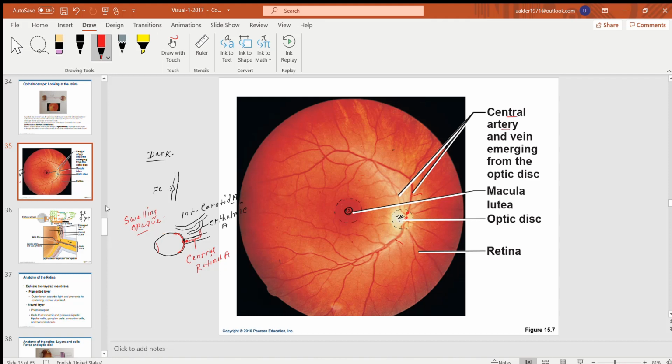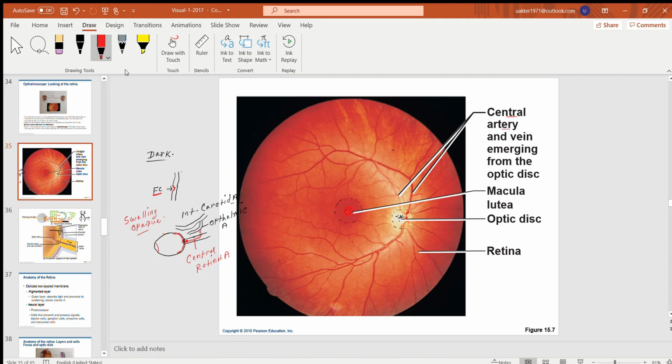However, one thing you will see is that the fovea centralis area is still red. Why is that? Because you know that in the fovea centralis area, the layer of photoreceptors and ganglion cells is very thin. So the choroid is just under the retina, right?